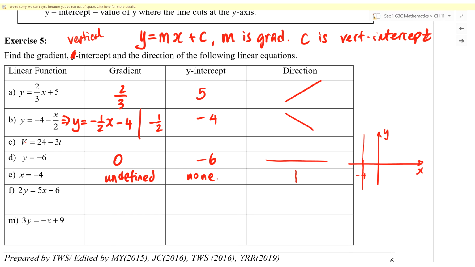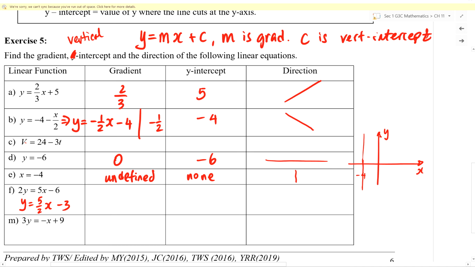Okay, next. Part F. What is the gradient? Is it 5? Is this of the form y equals mx plus c? No, I don't have y here. I have 2y. What should I do? Yes, divide by 2. y equals 5 over 2 x minus 3.